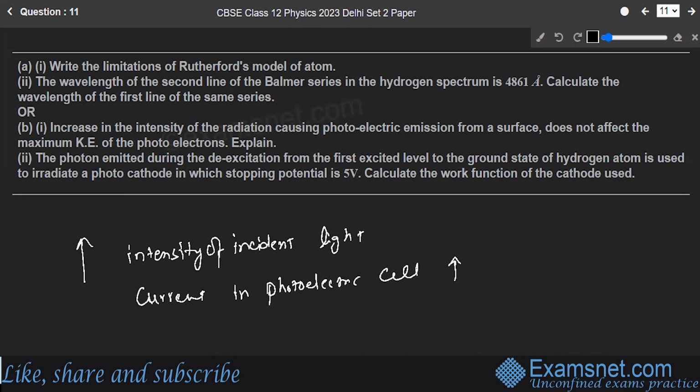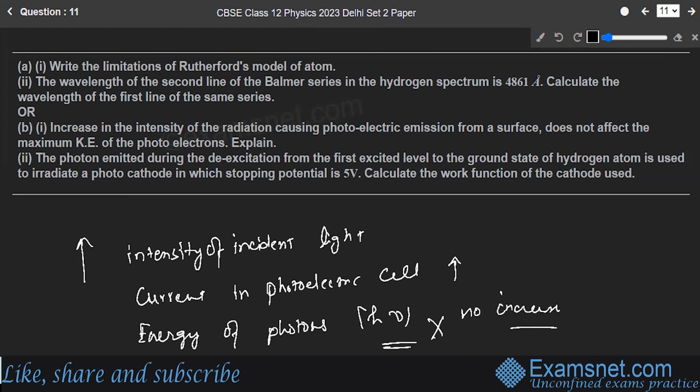The energy of the photons, which is h mu, will however not increase with the increase in intensity. And as this is not increasing, the kinetic energy of the emitted electrons will also not increase. Hope we are clear with this.